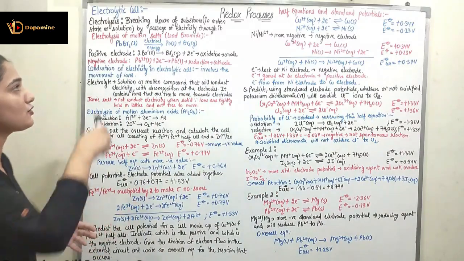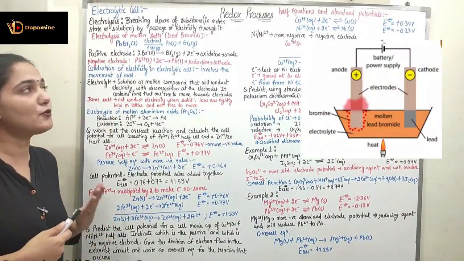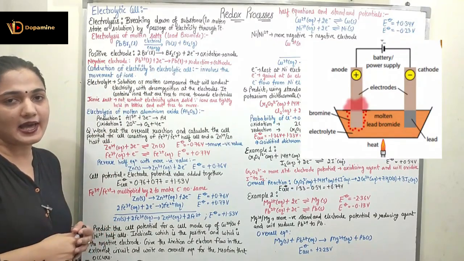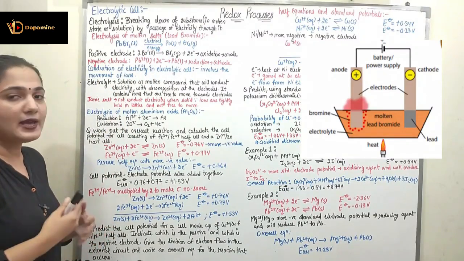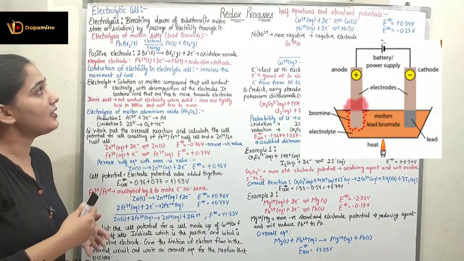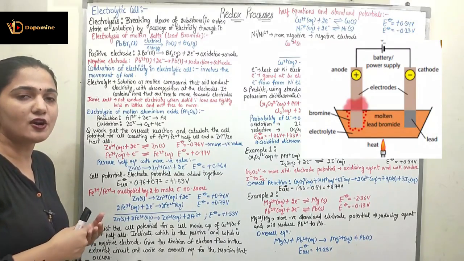Now coming to the electrolysis of molten salts. We have a molten salt of lead bromide, right? You can see in the diagram that we have an electrolysis process where we have taken the molten salt of lead bromide. Here we have two electrodes.